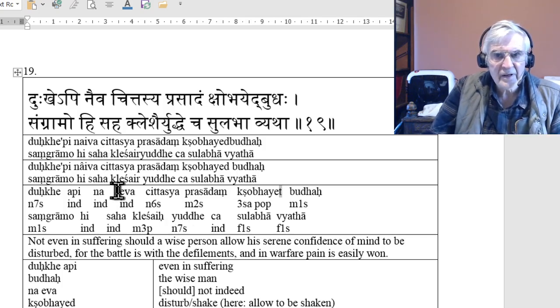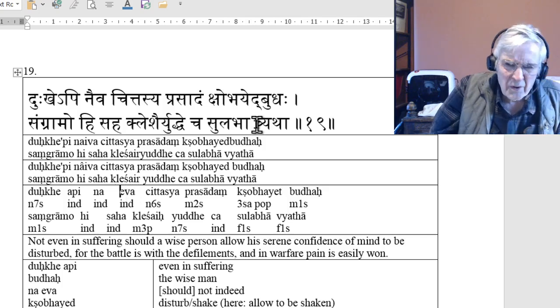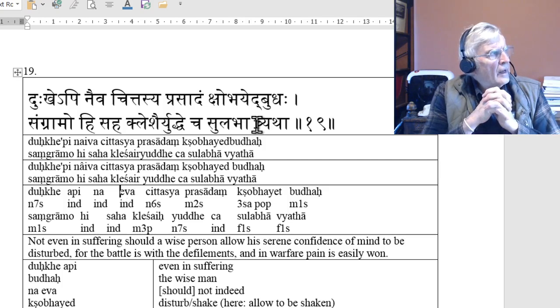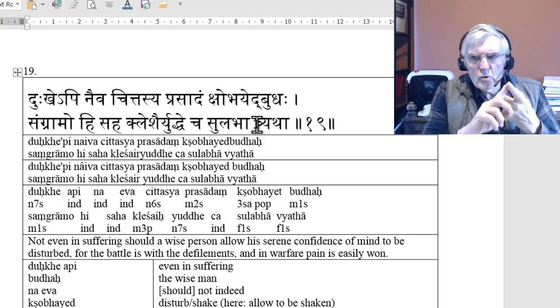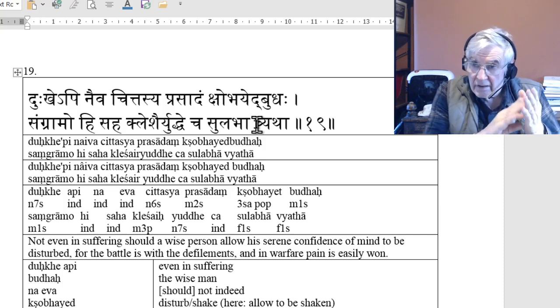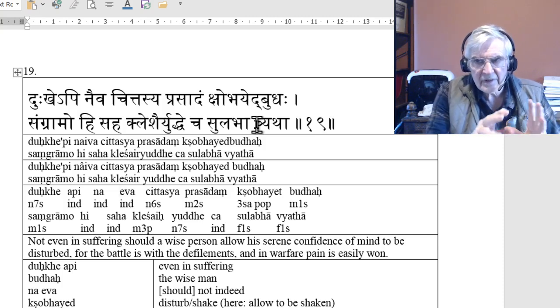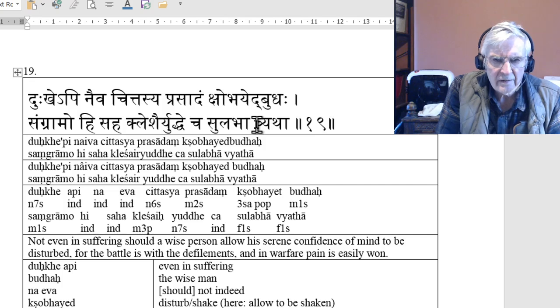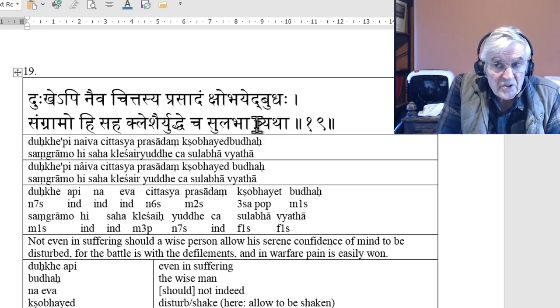The eva here, I'm not sure whether here eva normally adds something, and it often means kind of only, singly, uniquely, just that, exactly that among others. Possibly it has the force here of in dukkha, most especially.